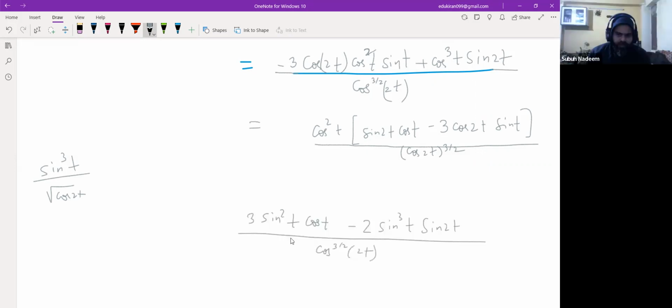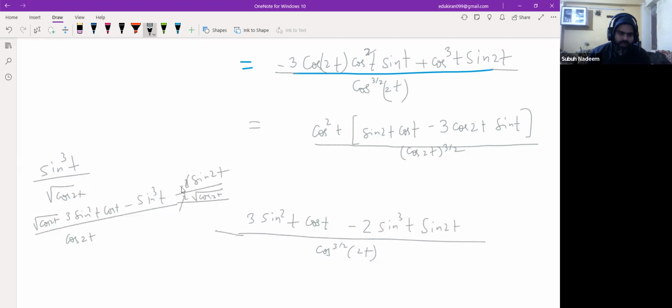I think you might be missing something, because when you differentiate it, it will be cos 2t and then root over cos 2t into 3 sine square t cos t minus sine cube t, and the root over cos 2t will be 1 by 2 root over cos 2t, and in the numerator it is minus 2 sine 2t.